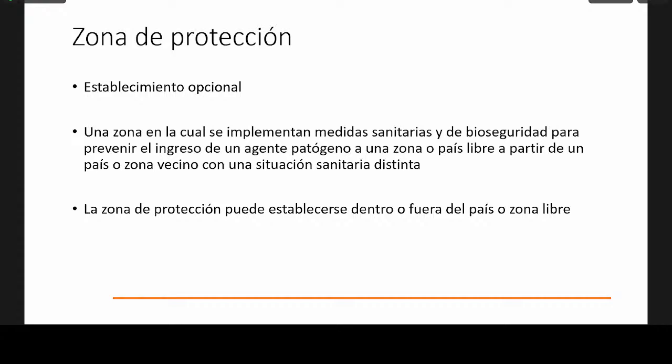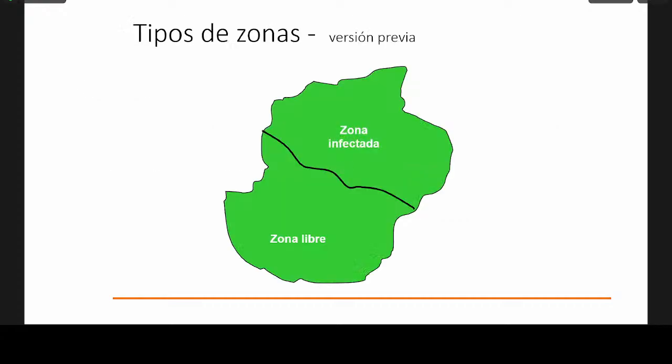It is not mandatory to have it and should not be mandatorily followed by a country, but this is a zone in which sanitary and biosafety measures are implemented to prevent the entry of a pathogenic agent from an infected country into an infection-free zone. This can be established either within the free country or zone, or outside of it.